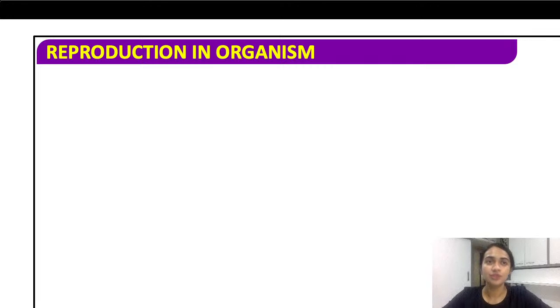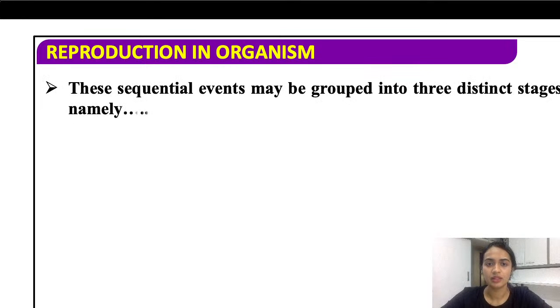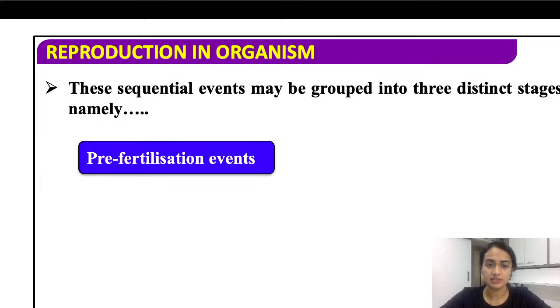But for an overview, we can take any example. For a plant, the structure of reproduction is the flower, whereas for humans it is not the case. Humans undergo fertilization with the sperm and the ovum in the uterus, and all these structures and processes are very different from those of the flower. These sequential events may be grouped into three distinct stages. What are those three distinct stages?